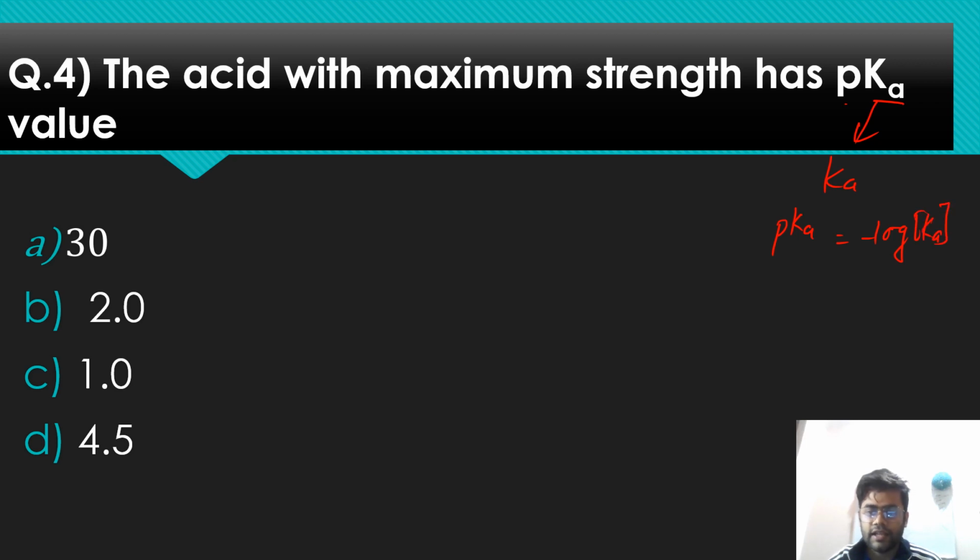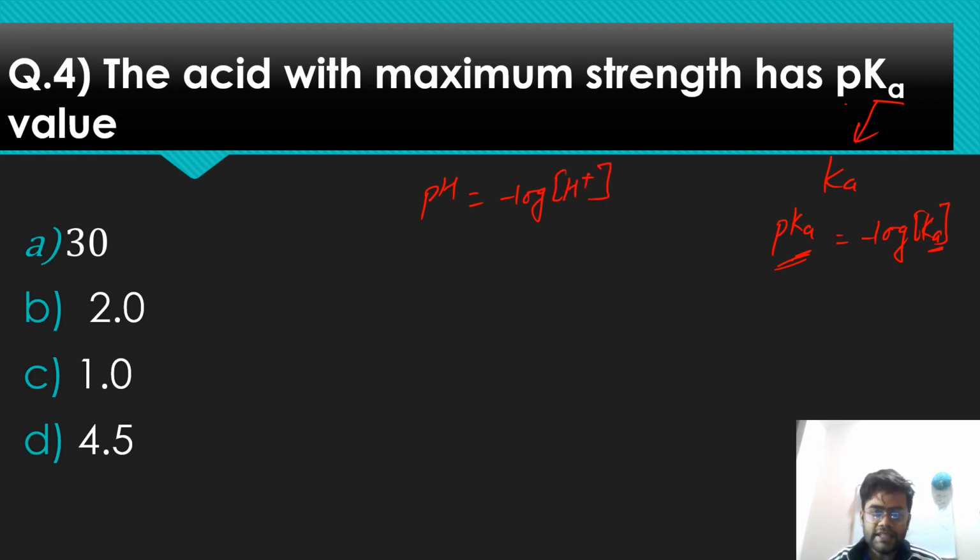Yes, like this you can calculate, and the higher the value of K, the lower will be the value of pK. Similar to pH, we know that pH equals to minus log H plus. The higher the concentration of H plus, the lower the value of pH.